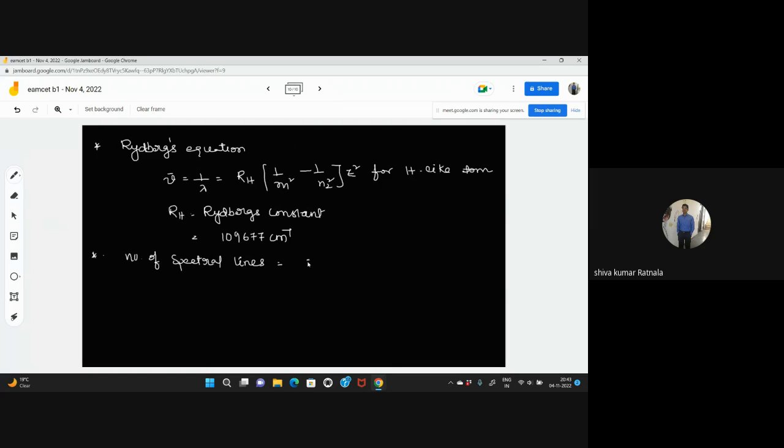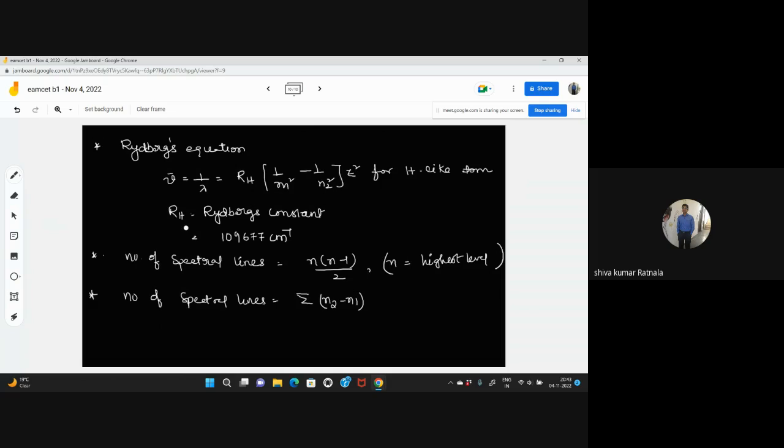That is n into n minus 1 by 2, where n is the highest level. And if there are 2 spectral lines, one more formula is there. Number of spectral lines is equal to summation of n2 minus n1 also.